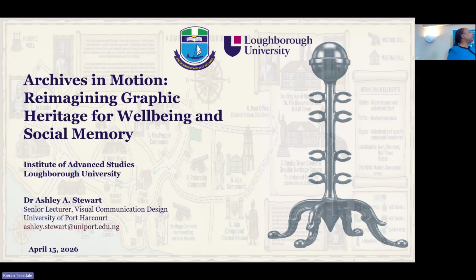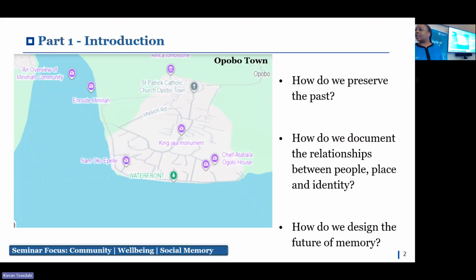More specifically, it will focus on the graphic heritage that exists in Opobo Kingdom, and it will also consider how storytelling, digital technologies and design might work together to transform fragile cultural memory into accessible and collaborative digital archives. So these are the questions that I used to frame this work.